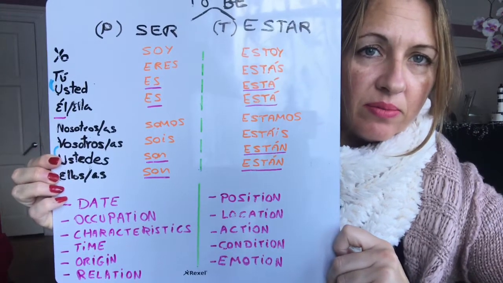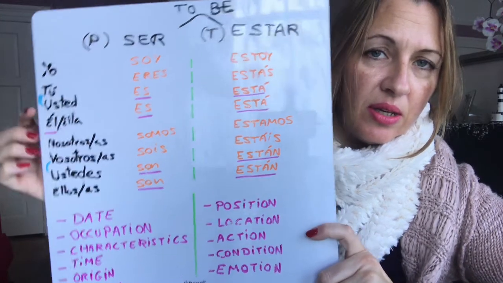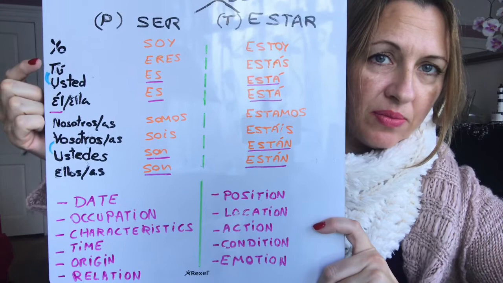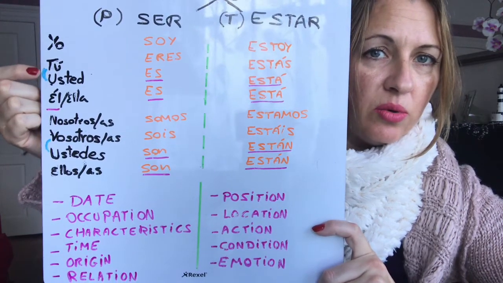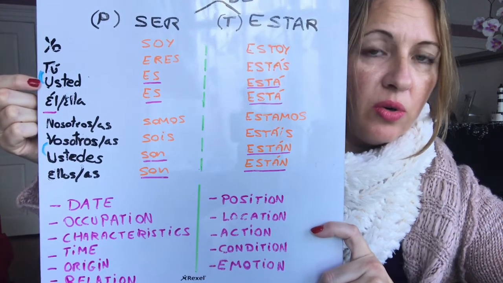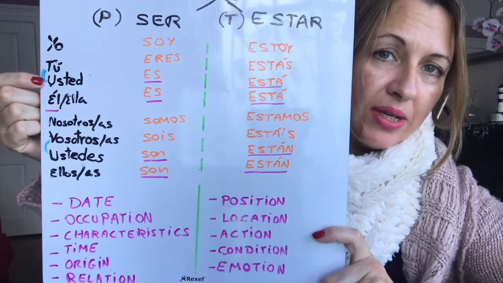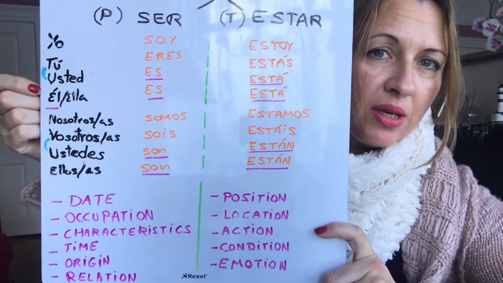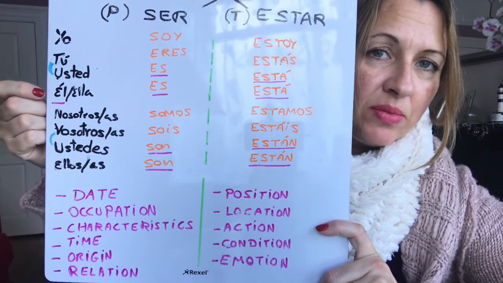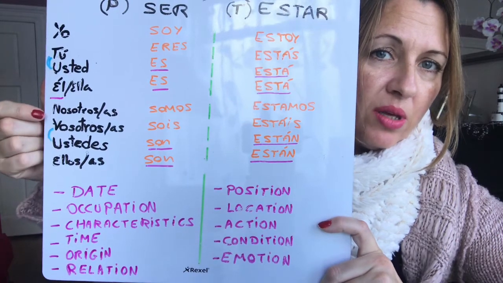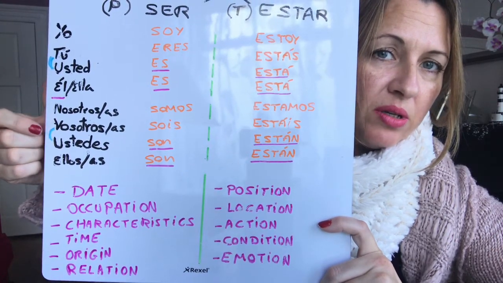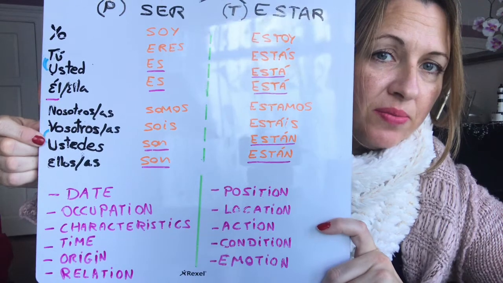Well, as you can see, there are the personal pronouns here. That would be I, you, polite, like you formal. Then he, she, or it, but we don't say it. Then we have we, you plural formal, and they.